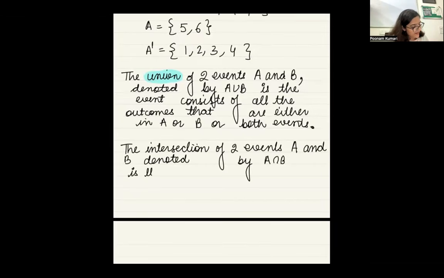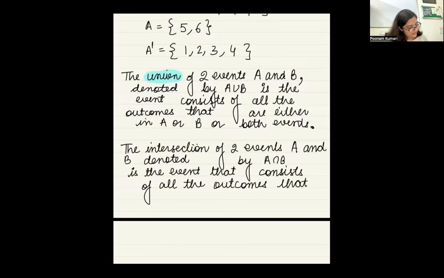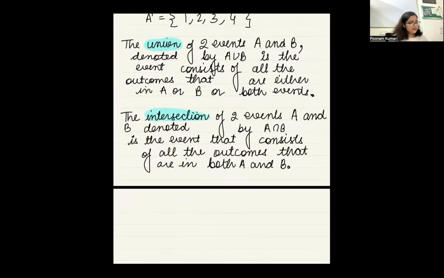This is the event that consists of all the outcomes that are in both A and B. So all the outcomes which are in both A and B will be in the event A intersection B. That is the definition of intersection. So far, so good.